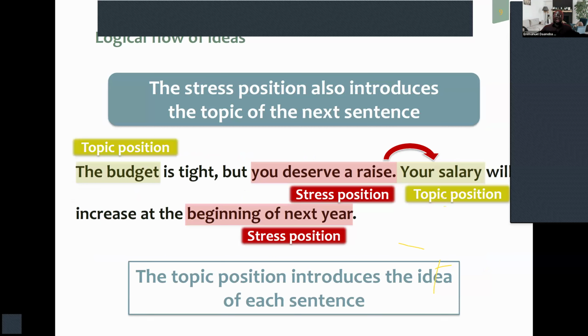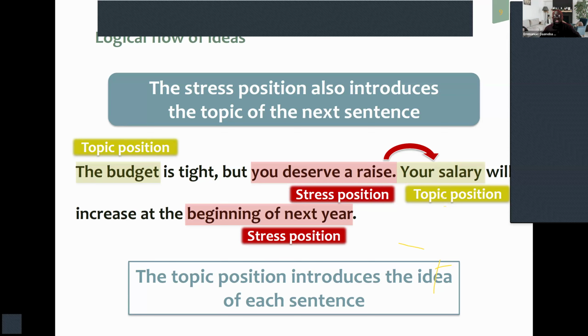So let's see another way to make your work readable: logical flow of ideas. The stress position also introduces the topic of the next sentence. So we have what we call topic position, then stress position. Let's look at that example. The budget is tight, but you deserve a raise.